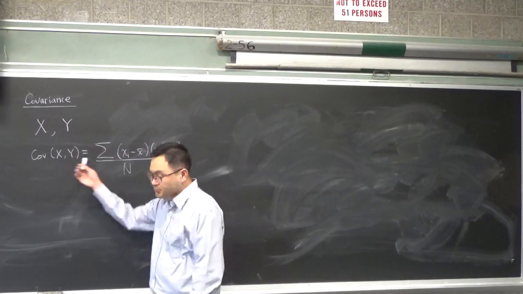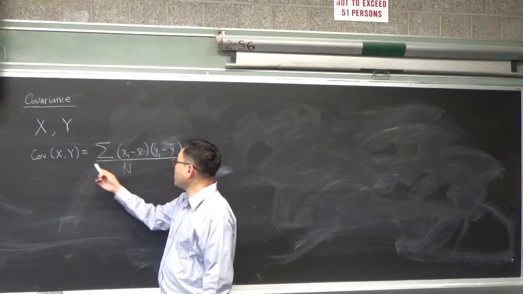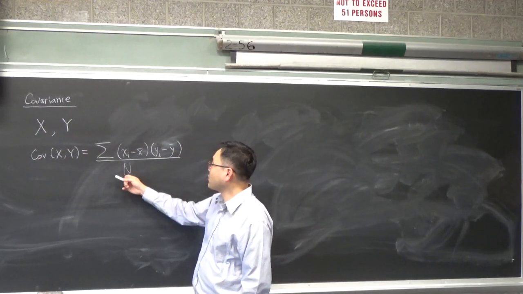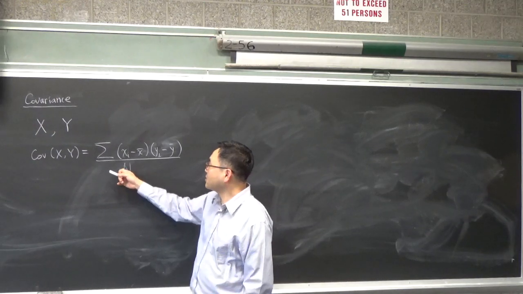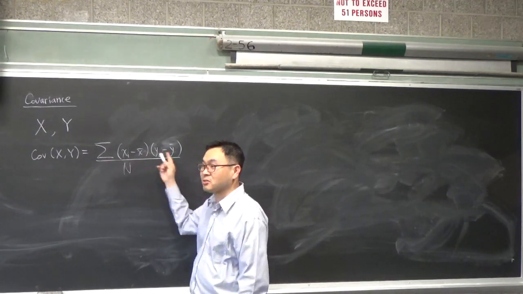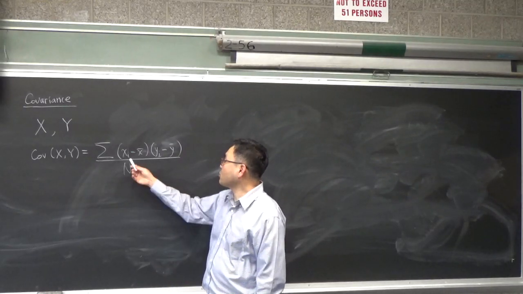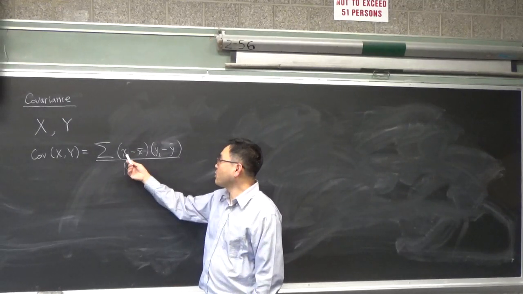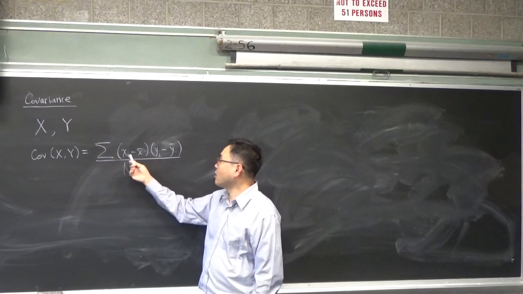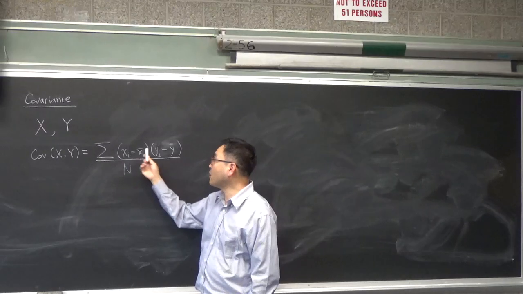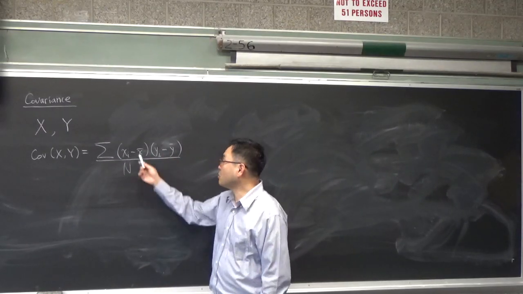Okay, so let's see what this formula is saying. If the population size is capital N, dividing by n is like taking an average, right? And you're trying to see whether each individual value is above the average or below the average. You just want to know that, and you're multiplying them.